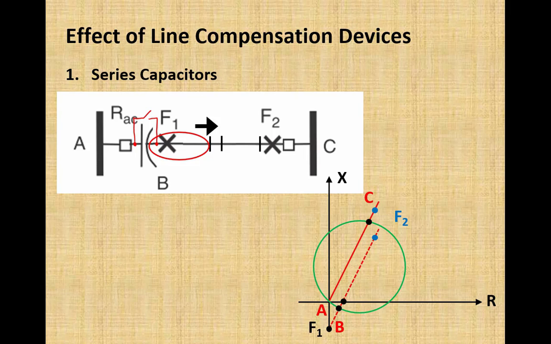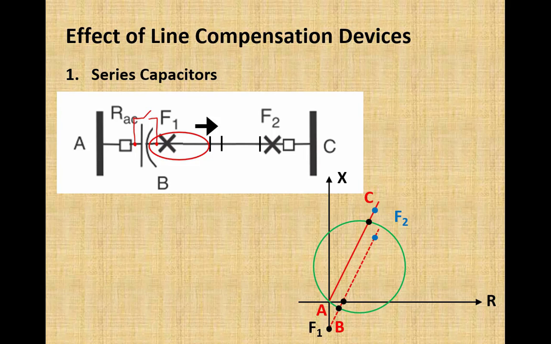When this switch is open, the capacitor is in series. When this switch is closed, the capacitor is taken out of service. This switch in parallel with the capacitor is also used to provide protection to the capacitor.